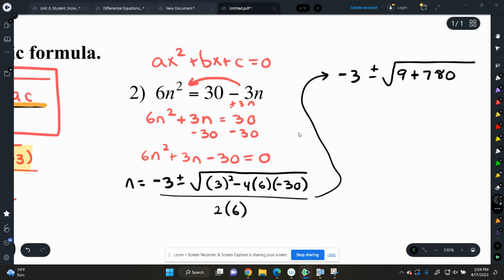Is that right? That doesn't feel right. 180. Yeah, it's 720. I guess I should do that on the calculator to be careful.